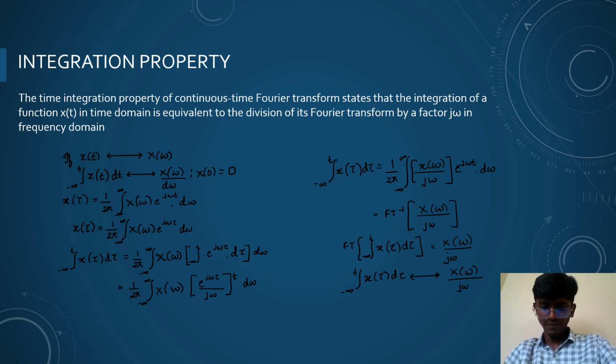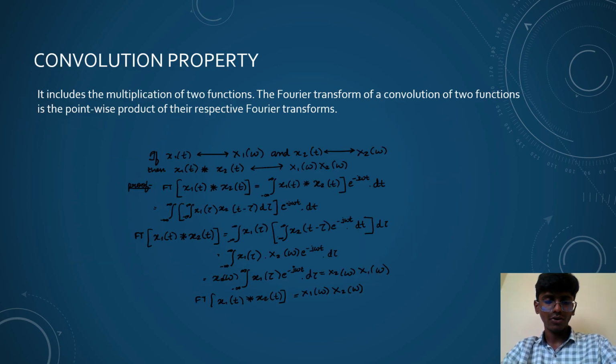And then the next property is the convolution property. Convolution property includes the multiplication of two functions. The Fourier transform of the convolution of two functions is the pointwise product of their respective Fourier transforms.